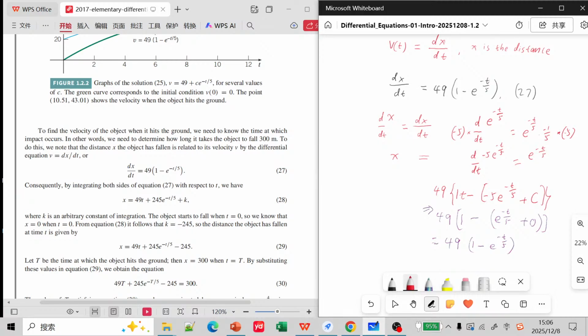And now we can write down the antiderivatives of both sides, which is x equal to this: 49 t, and we do simplification here. 49 t, this minus minus will be plus, and 245 e to the minus t over 5, and this minus C or plus C, it's both okay.